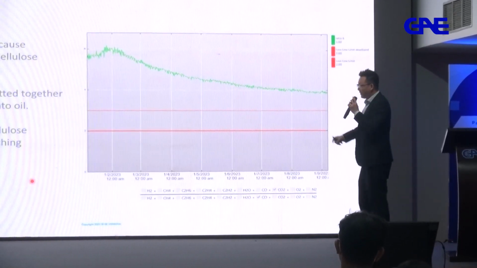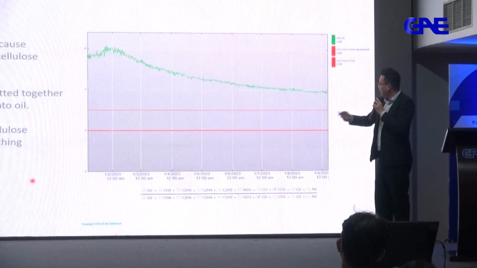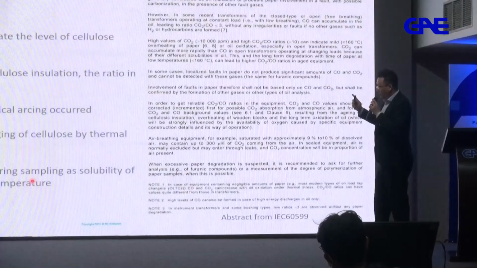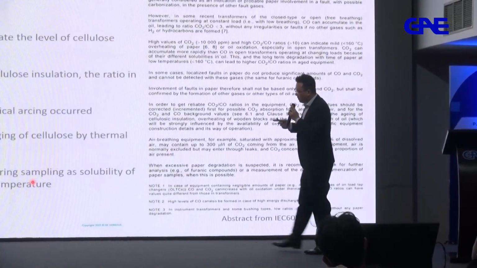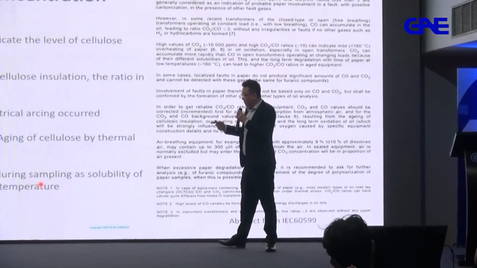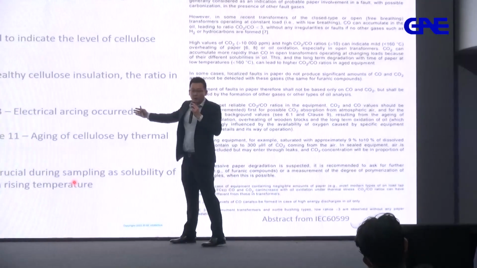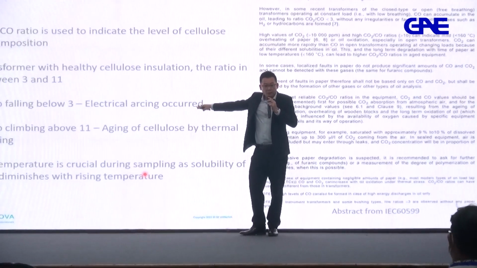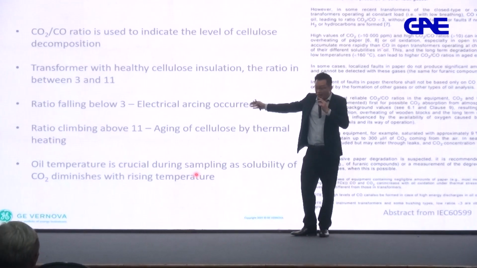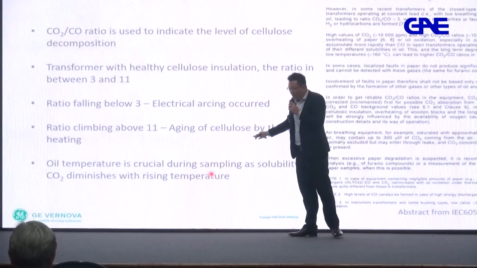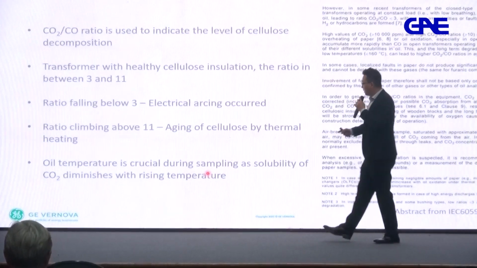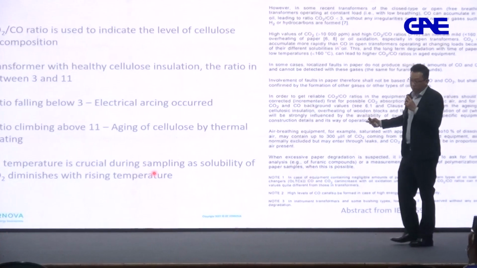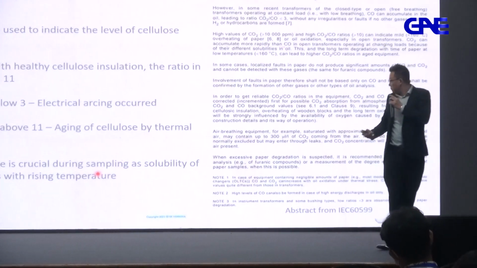So very simple. Over here, we take into consideration a ratio falling below 3, most likely there is electrical arcing occurring inside the transformer. This is identified as electrical arcing. Whereas if the ratio climbs above 11, we look at probably the aging of cellulose, perhaps by thermal heating.